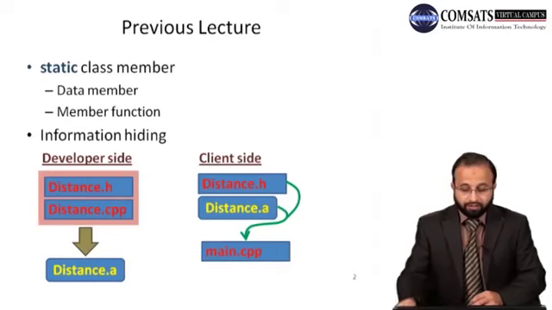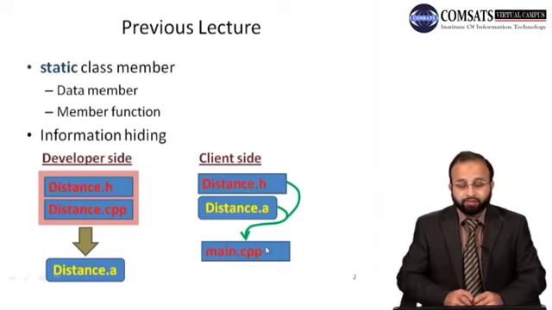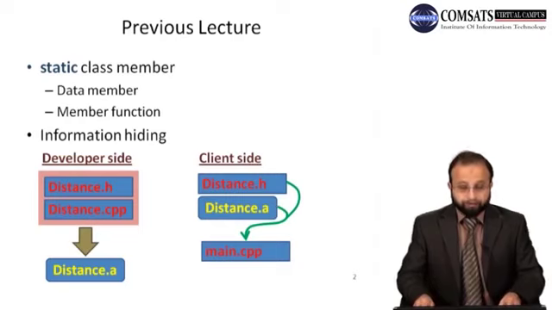So now at the client side, the client uses the functionality of the distance class without knowing the implementation detail of the member functions of the distance class. This is one of the examples of information hiding, that a developer hides the implementation detail of the class member functions from the client or from the user, right?